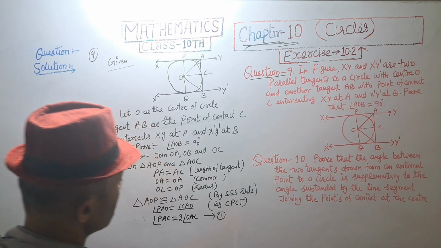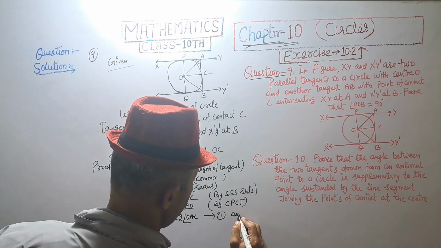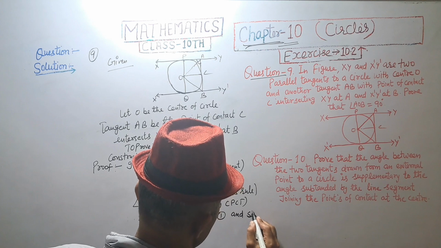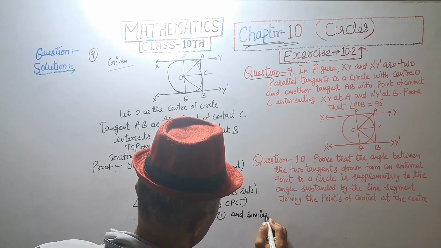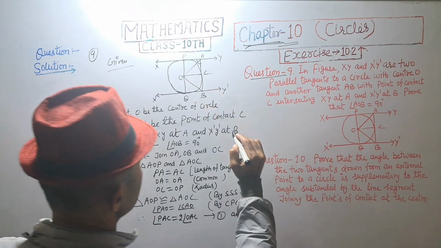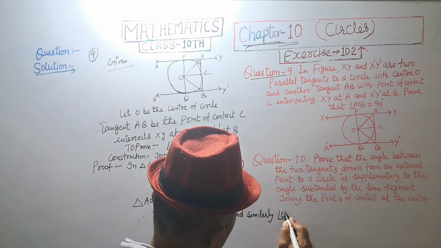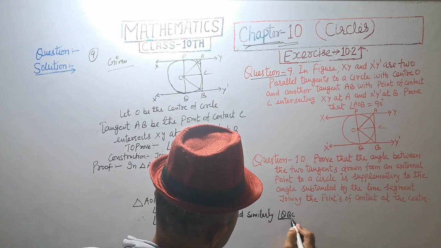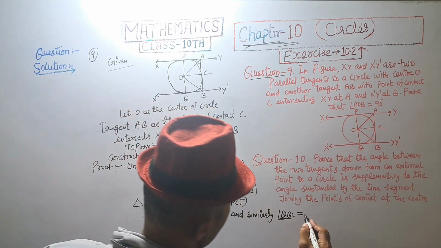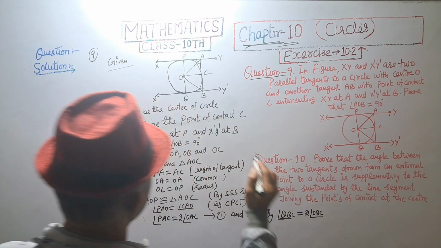This is equation first. Similarly, in triangle QBC, angle QBC is equal to 2 times angle OBC.